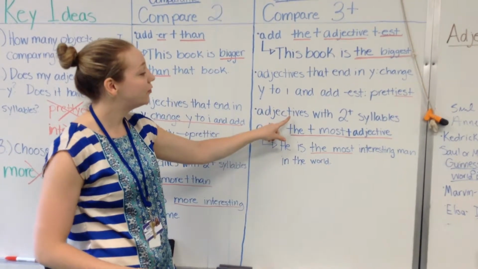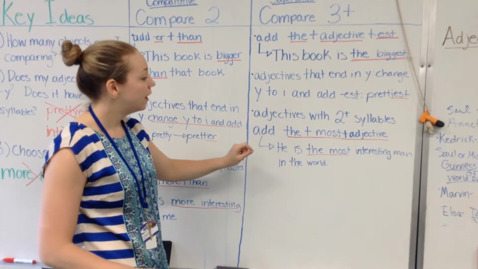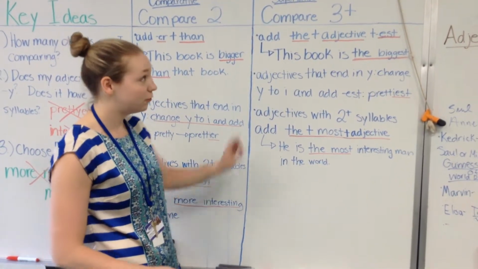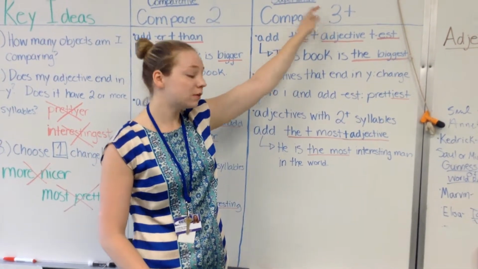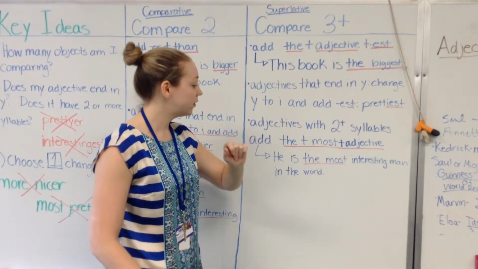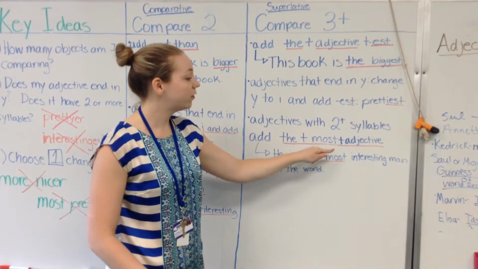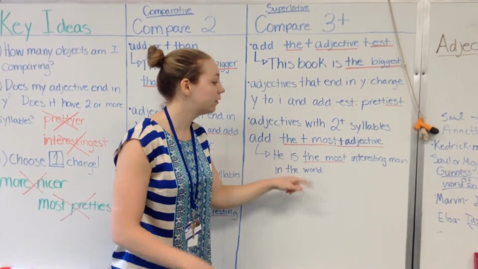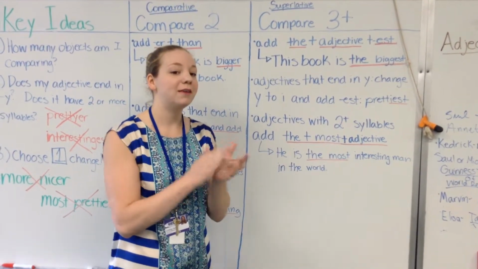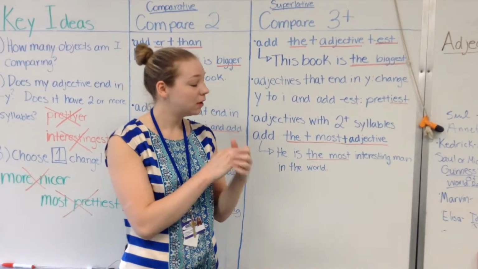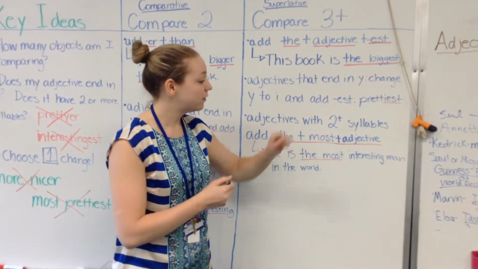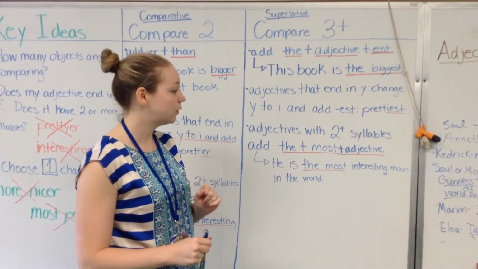If your word has 2 or more syllables, instead of adding more, because you're comparing 3 or more things, you're going to add most. He is the most interesting man in the world. Interesting is 4 syllables, so I'm going to say most interesting man in the world.